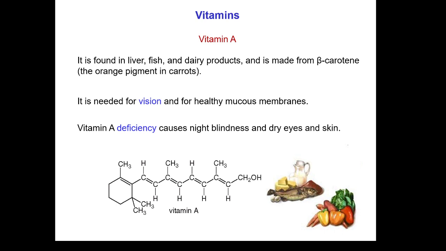Vision. Vitamin A is vision. That's why they would say carrots are good for your eyes. It's also needed for mucosal membranes, but vision is where it goes. Deficiency in vitamin A could cause night blindness and dryness, since we're not going to have healthy mucous membranes: dry eyes and dry skin.